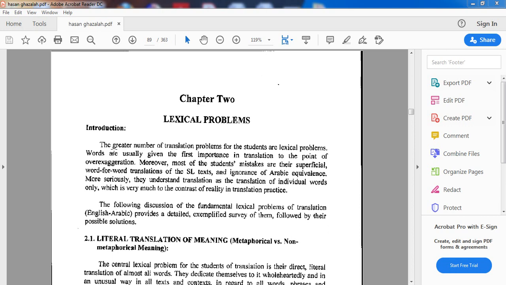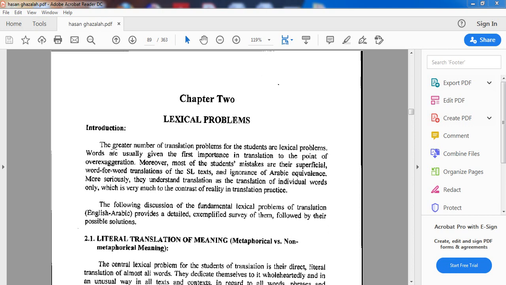And within that chapter, it's supposed that you have studied synonymy, antonymy, hyponymy, prototypes, homonymy, metonymy, polysemy, collocation. We have many items studied there last year.